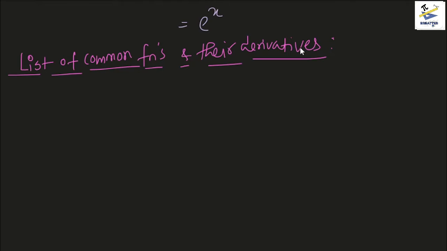The derivative is usually written as d dx, where x is the derivative variable, and in brackets we write the function which we are differentiating. So this is the format that I am also going to use.